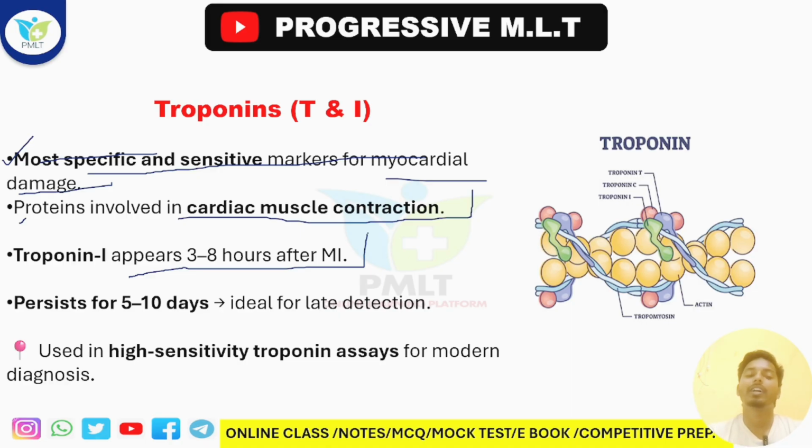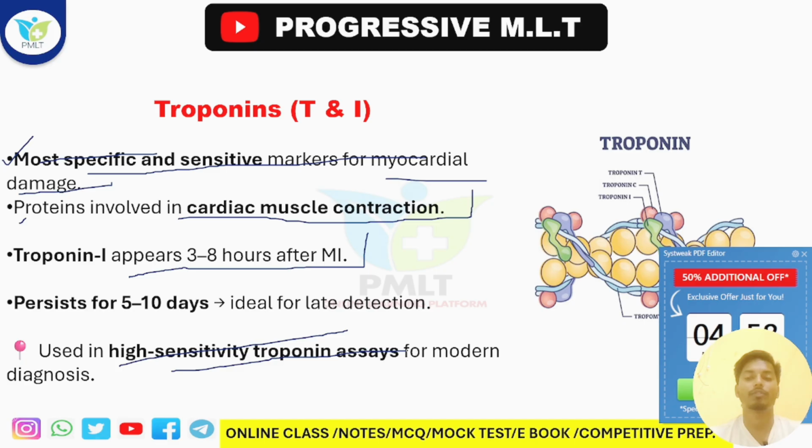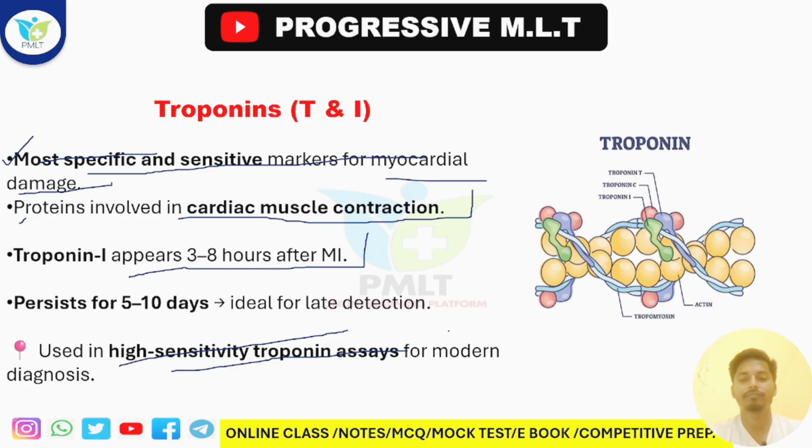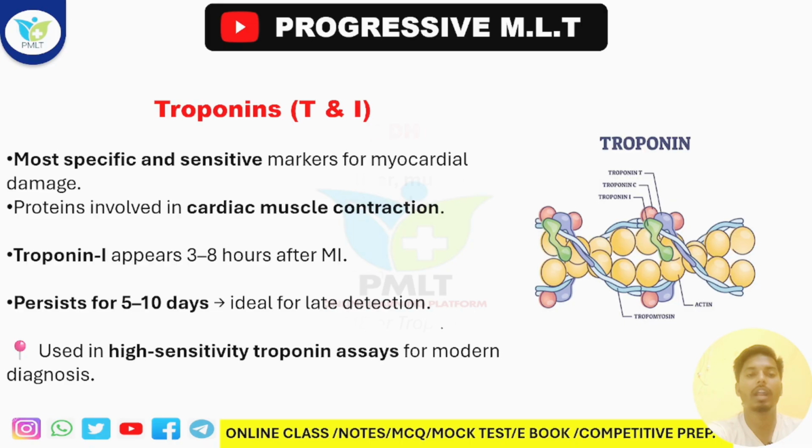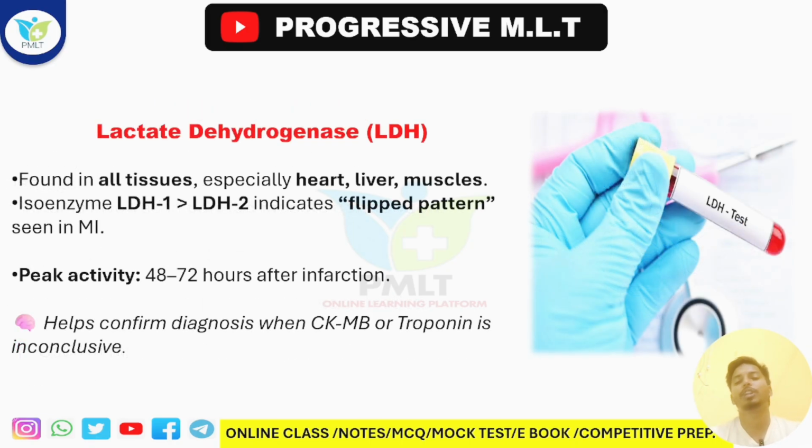After that, high sensitivity troponin assay is used. Nowadays we do this for modern diagnosis. Please keep in mind that those are all about troponin T and troponin I.